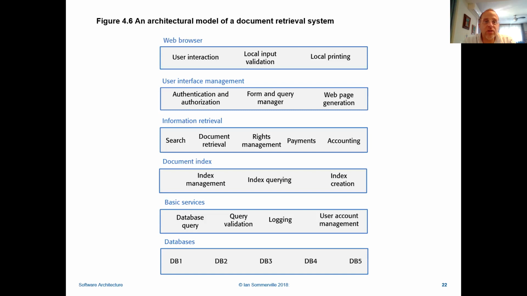A web browser can do different things. It might provide printing. In other words, you can print the document, putting it into a format, PDF or something, that can be printed, changing it from the web's version to a printable version. It can also make sure that the inputs that are provided are valid. It can also let the user give input.